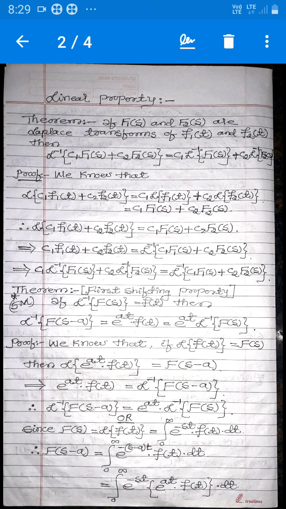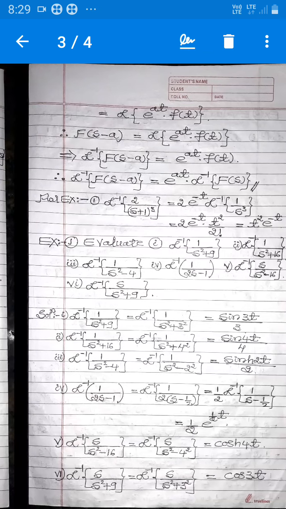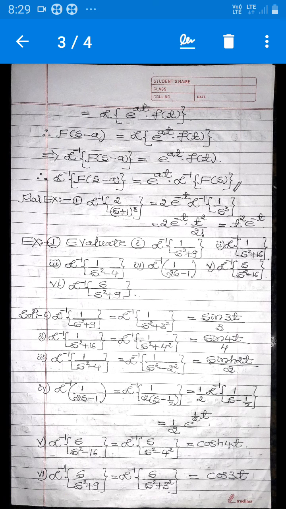The value of the right-hand side is the Laplace transformation of e raised to at into f(t). Hence, F(s minus a) is equal to L of e raised to at into f(t), which is the first shifting property of the Laplace transform. For this property, use the definition of the inverse Laplace transform.